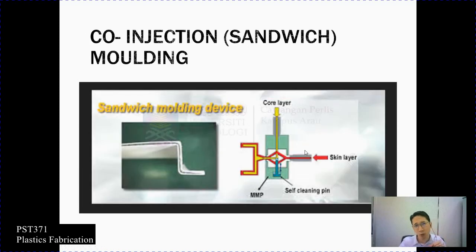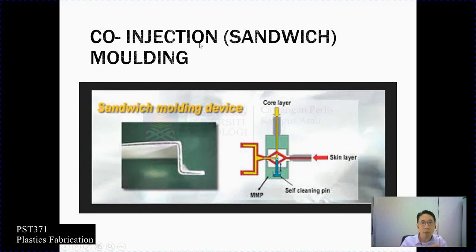And then we have the co-injection or sandwich molding. What is sandwich molding? When we say sandwich, there is another material that is held together or put to coat the main material itself. If you see the actual material over here, there is a metal insert being coated by a polymeric material.